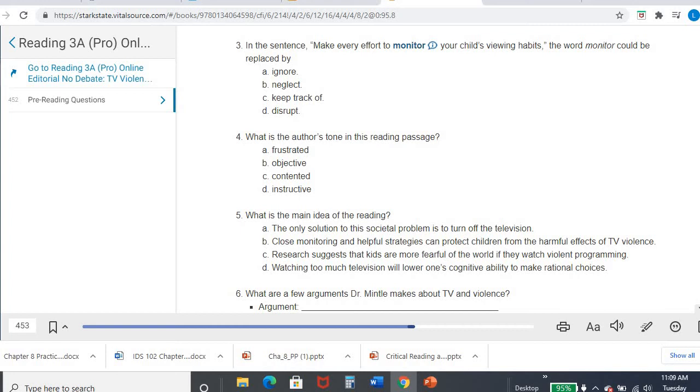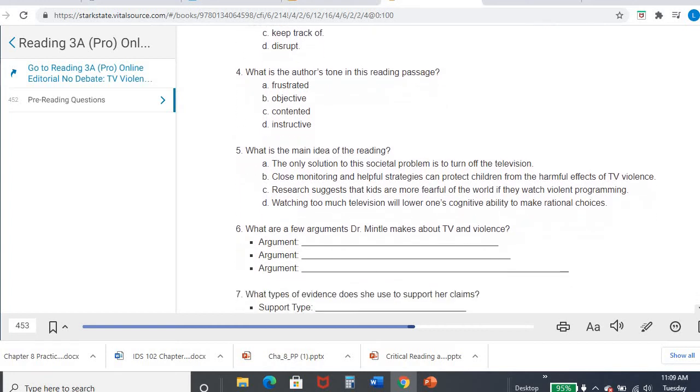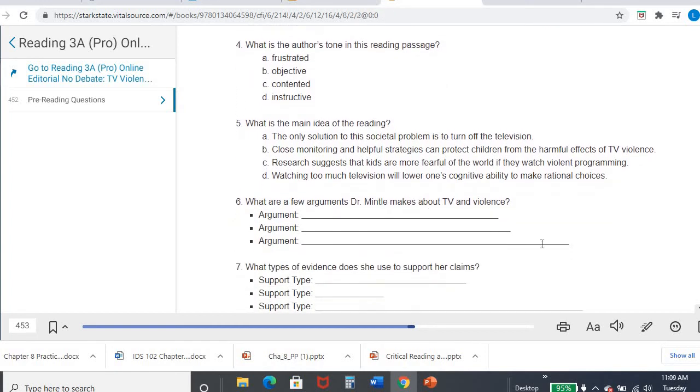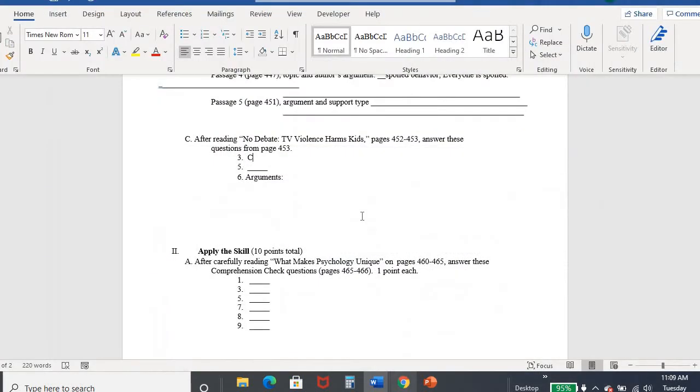And then you're answering question 6. What are a few arguments Dr. Mintle makes about TV and violence? There are 3 arguments, and that's what you are going to fill out right here. You might find a few more, but there are 3 big ones. What are her 3 main points? What are her 3 arguments that she says TV violence harms kids? We already know there's a bias here.